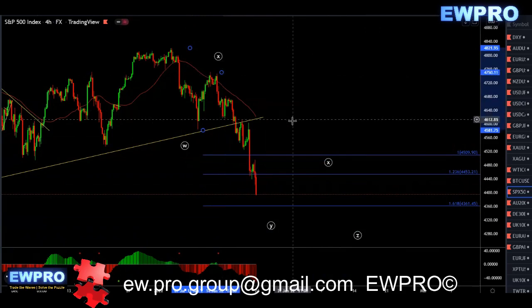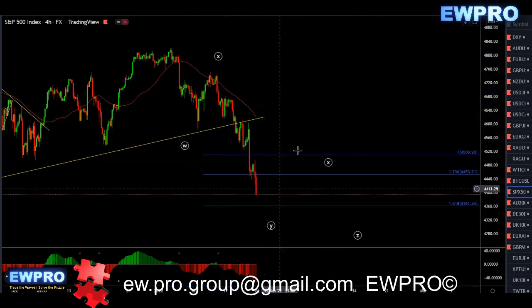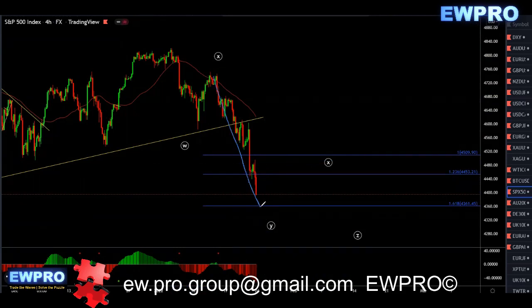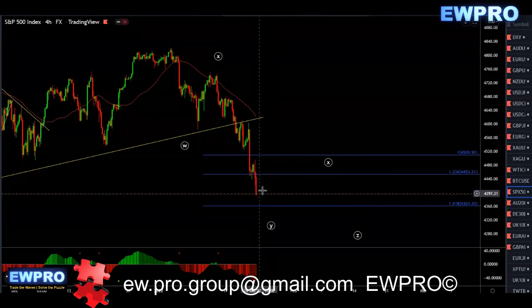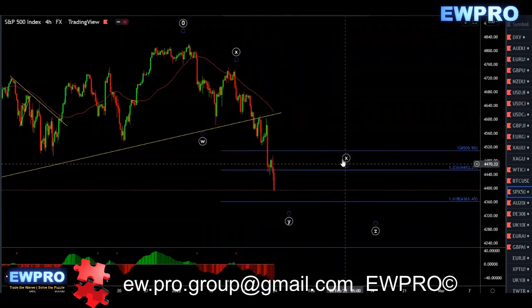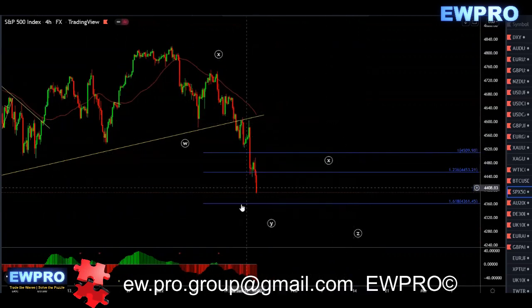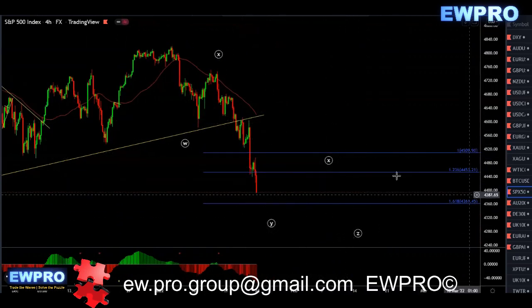Yeah, we're getting down to that 161.8 in here. So we like to see 161.8 in the wave Y or wave 3, and then X2 and then a Z down. So you can scalp. I'd be waiting for the correction again, but to keep it safe, wait for the correction and then look for the Z down.